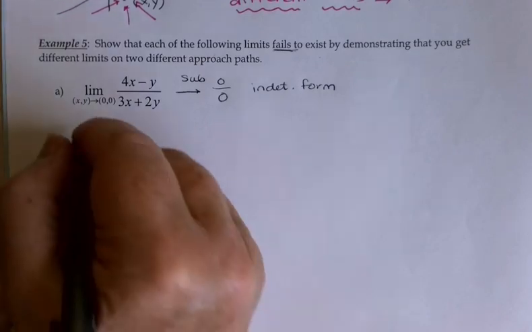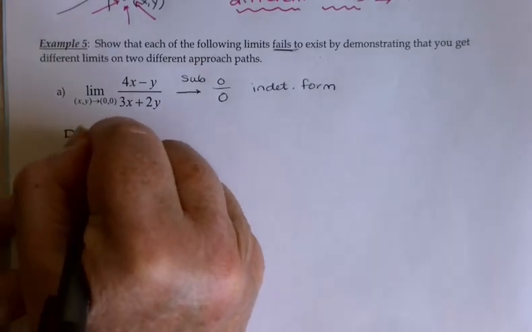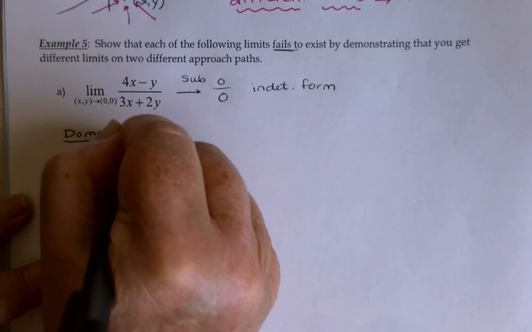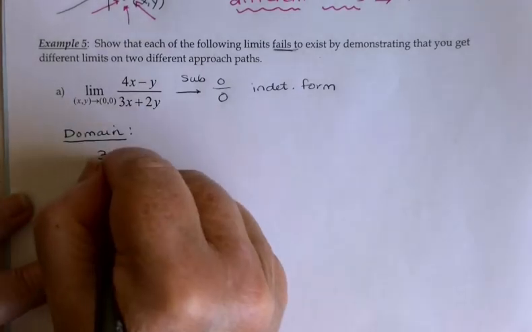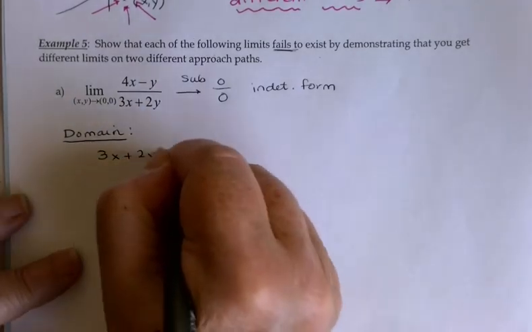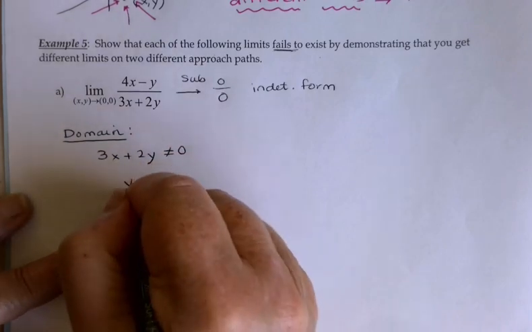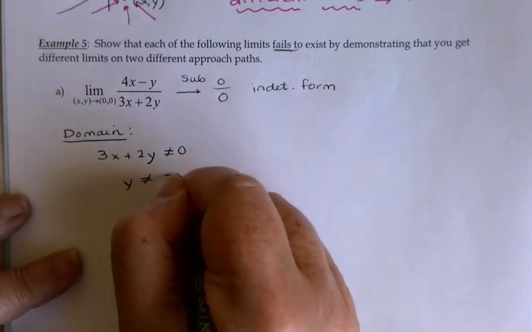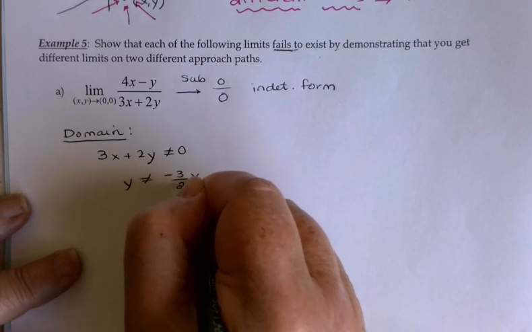All right, let's think about the domain. 3x plus 2y not equal to 0. So y is not equal to negative 3/2 x.